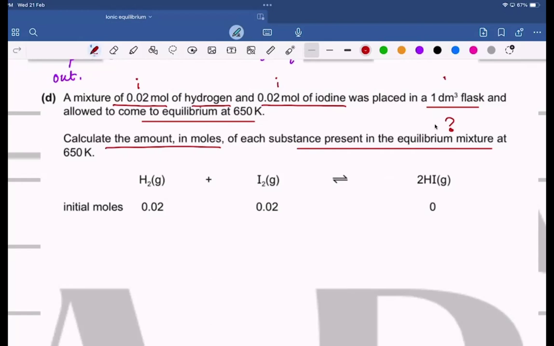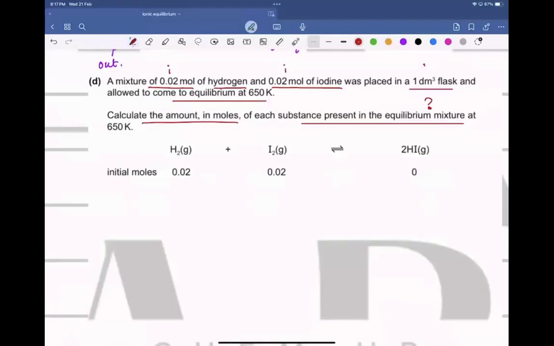Okay. Yes, who can recall what we do at first? How will we do it? Whenever you don't know the moles at equilibrium, what will we do? Yes, who will tell me?